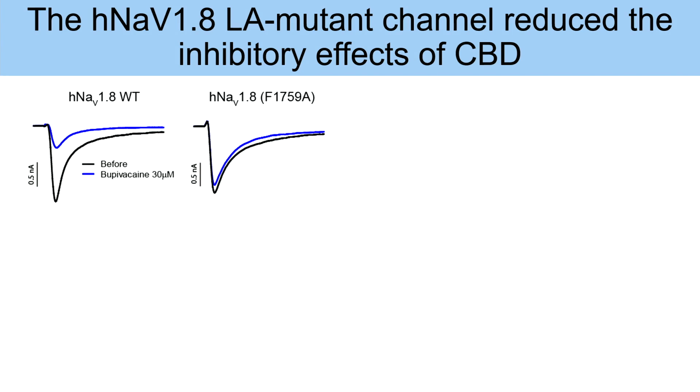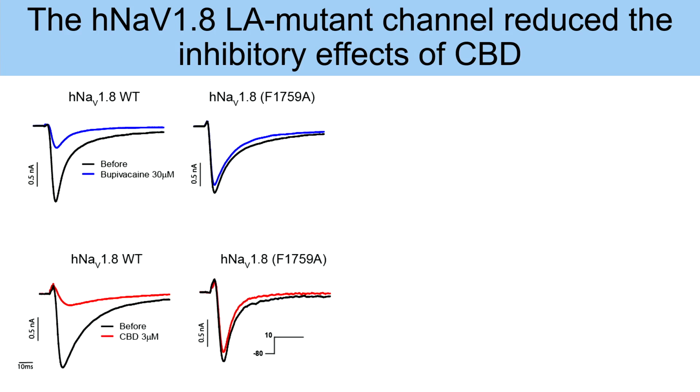And you can see here that with this mutation, 30 micromolar of bupivacaine almost doesn't inhibit the channel anymore. And this is also the case that we see for CBD at 3 micromolar. We see that this mutation almost eliminates the inhibition of CBD.